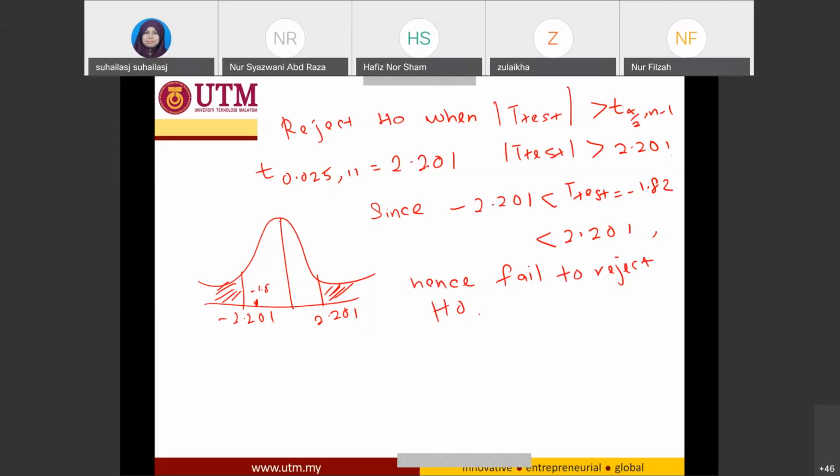It is not in the shaded area. Since our t-test, which is minus 1.82, is between minus 2.2 and 2.2, hence we fail to reject the null hypothesis.